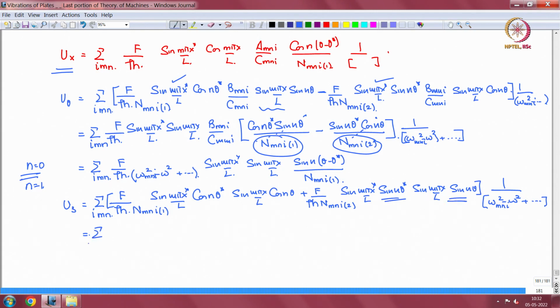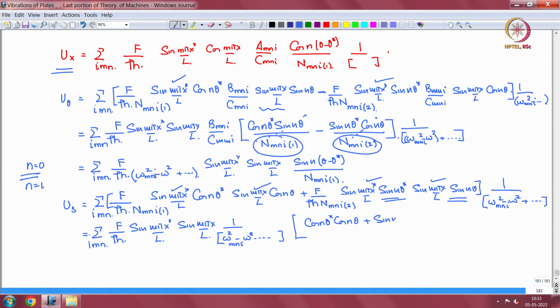So if I do I m n, f by rho h, this is common, this is common, so sine m pi x star by L, sine m pi x by L, into the frequency term 1 over omega square m n I minus omega square etc., into cos n theta star cos n theta plus sine n theta star sine n theta, this divided by n m n I 1, this divided by n m n I 2.